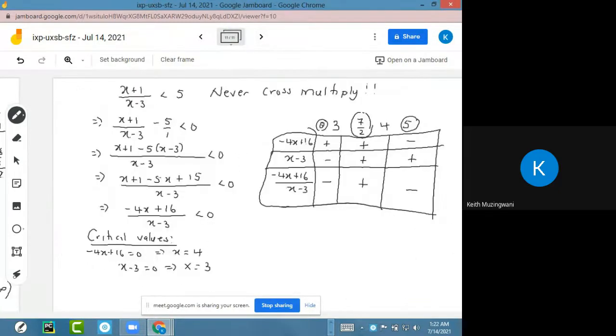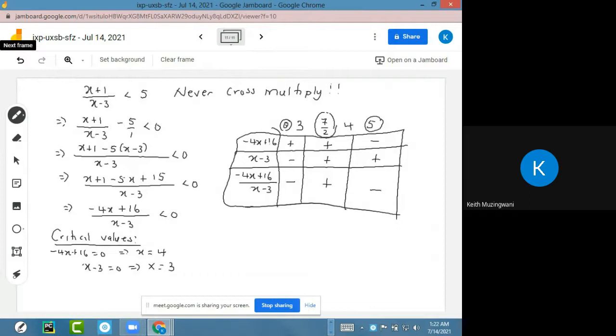So solution set 2 is negative infinite up to 3 union 4 up to positive infinite. The negative intervals. Then now to get our final solution set, we intersect solution set 1 with solution set 2.